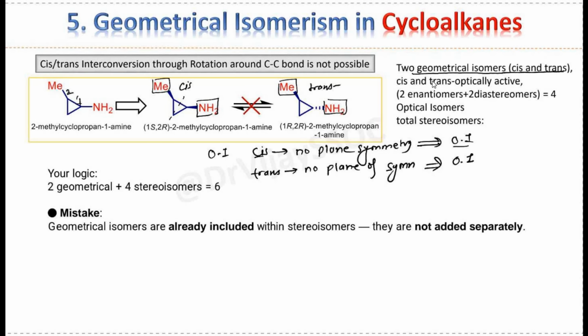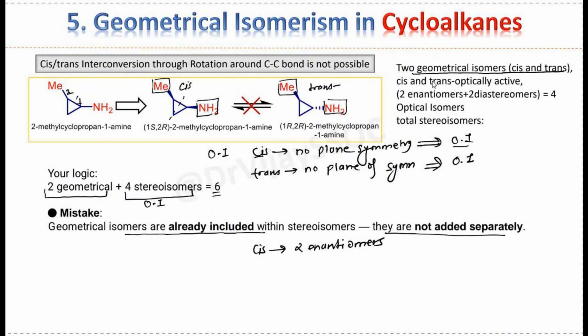Now again there is a confusion, and students used to make mistakes. They think 2 geometrical isomers and 4 optical isomers equals 6. But this is wrong, because we have already included these geometrical isomers, so we cannot add them separately. So cis will have 2 enantiomers. What are those enantiomers?